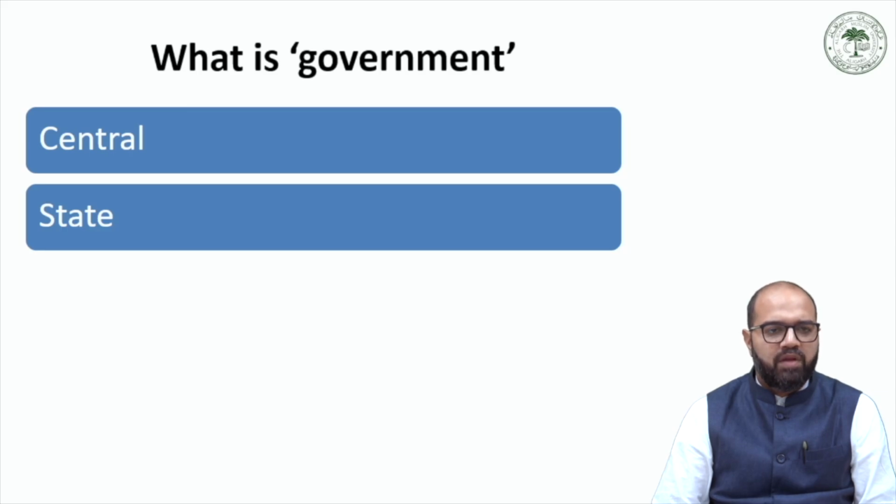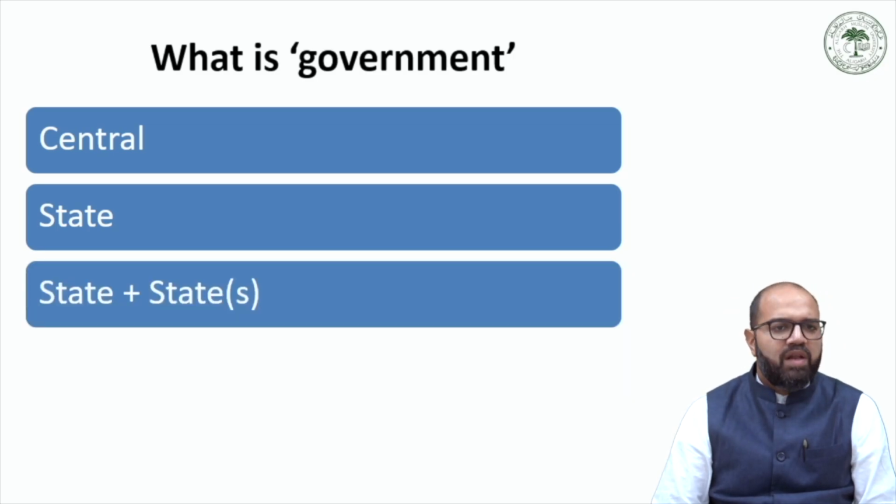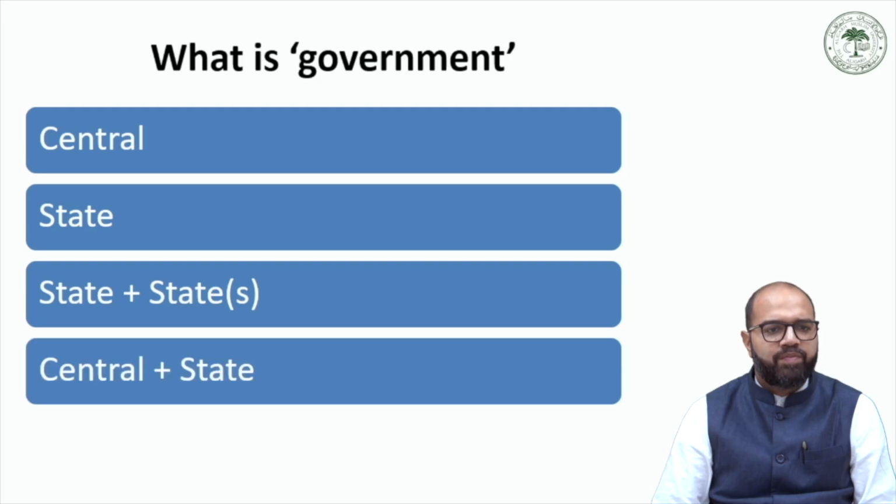Then, if the company is owned entirely by one state, it is known as a state government company. It is possible that a company may be jointly owned by two or more states, in which case it would be regarded as a company which is jointly owned by two or more state governments.